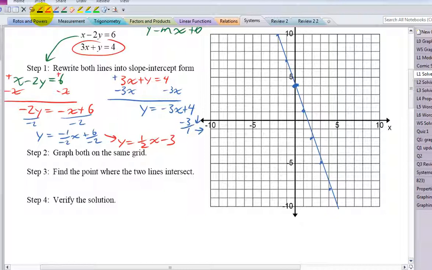Now graph your red equation. Y equals 1/2 x minus 3.